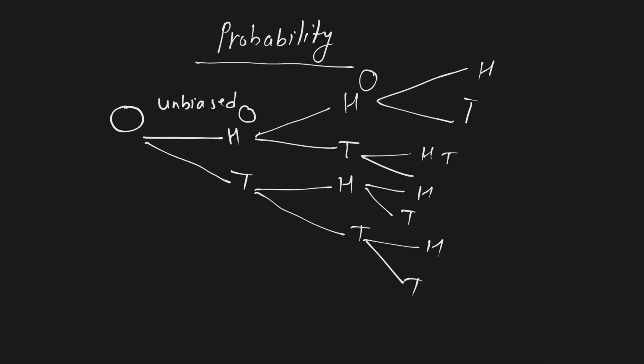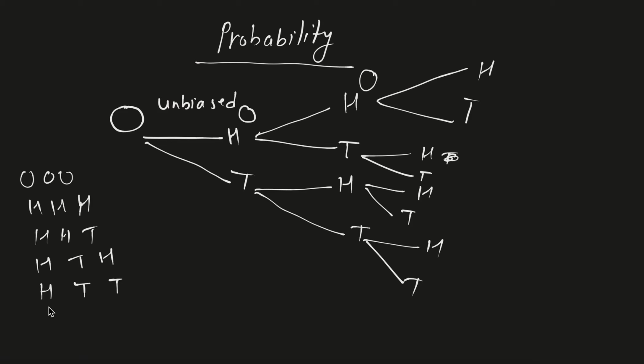So the possible outcomes when we flip the coin 3 times are these: head, head, head; head, head, tail; head, tail, head; head, tail, tail.